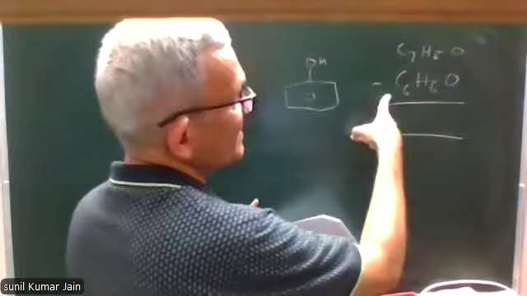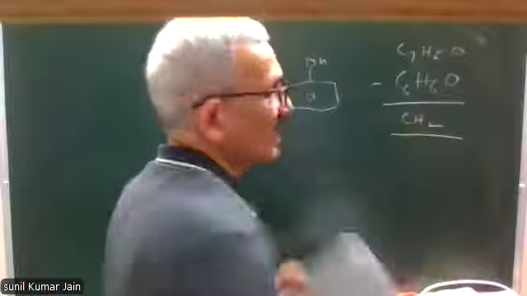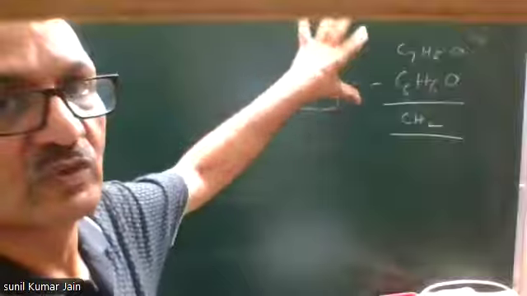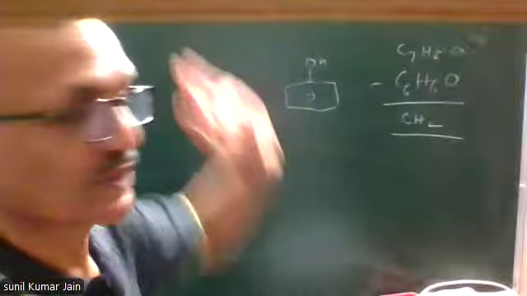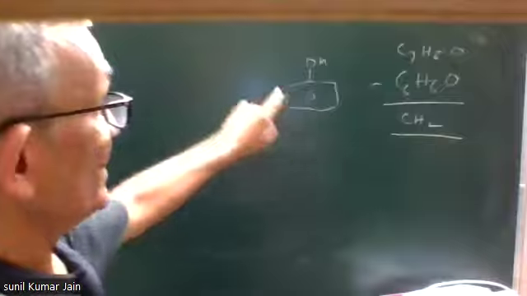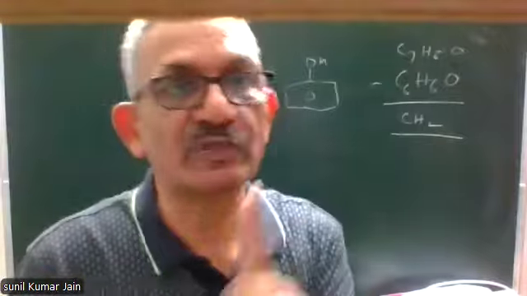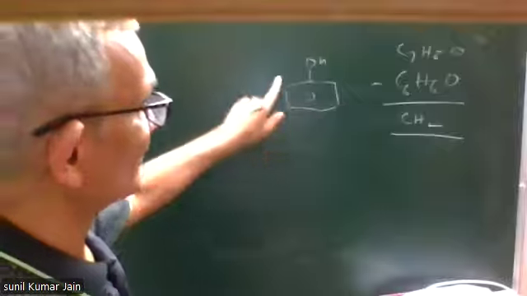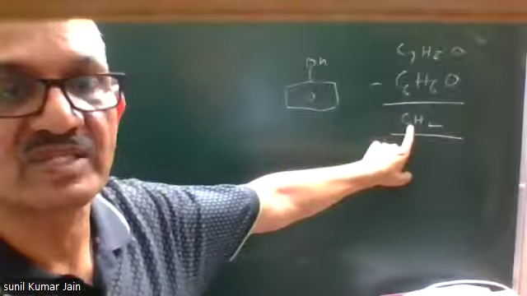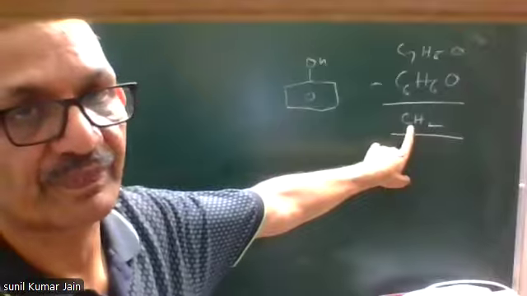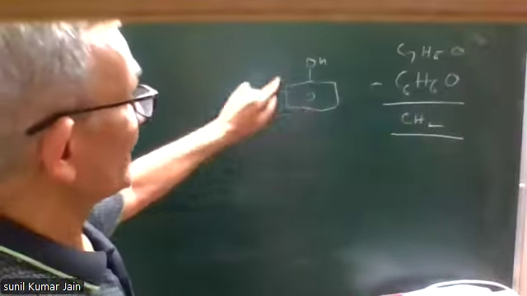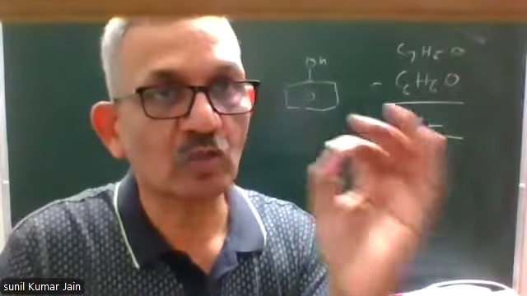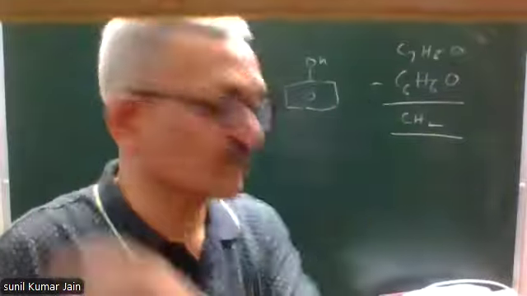If I subtract this, 1 carbon and 2 hydrogen atoms are left. I have to fit 1 carbon and 2 hydrogen atoms more into this structure. These 5 corners have 1 hydrogen each. If I remove 1 hydrogen from any one of these corners and combine with this, it becomes a methyl group, right? So I have to attach a methyl group, but at which corner? At ortho, meta, or para, which position?